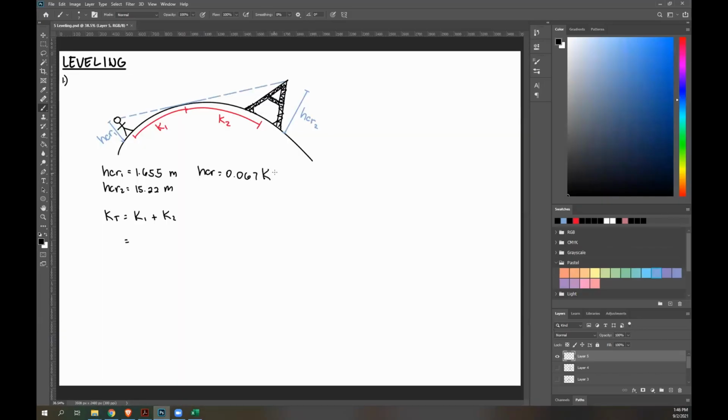Therefore, K is just the square root of HCR over 0.067. So let's write that here. K1 is HCR1 over 0.067, plus HCR2 over 0.067. Considering HCR1 is 1.655 and HCR2 is 15.22, what's our answer?